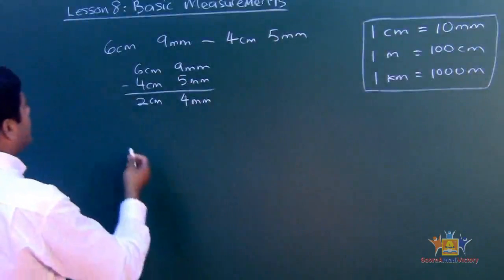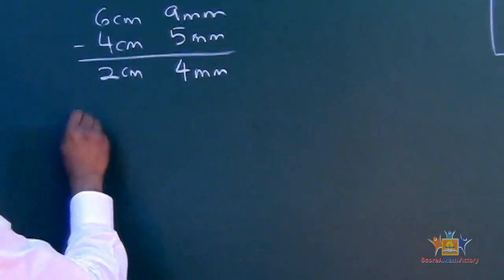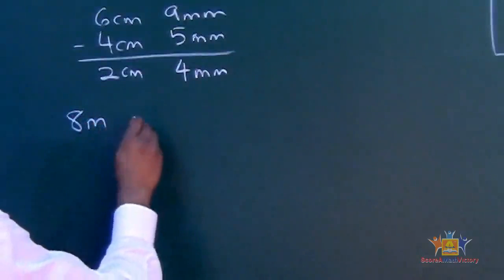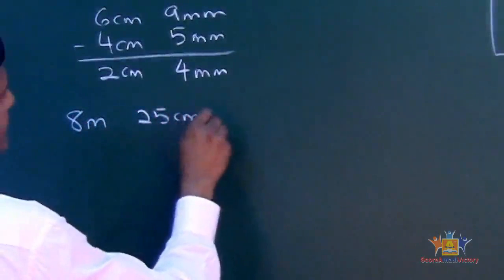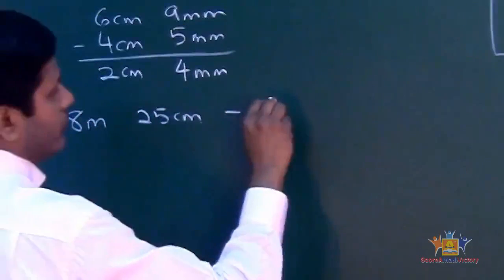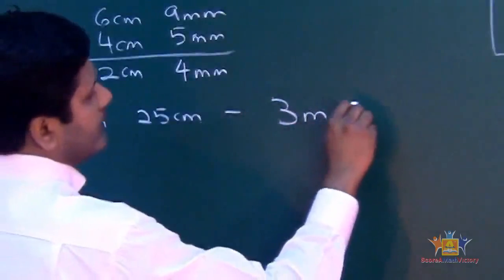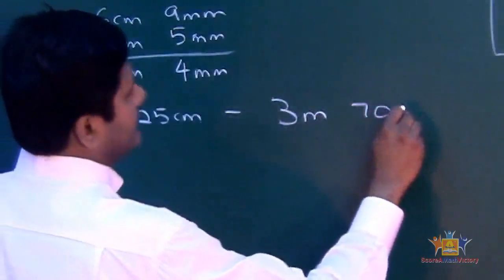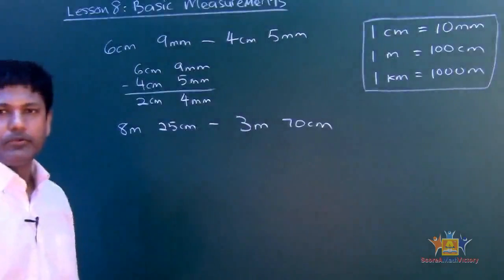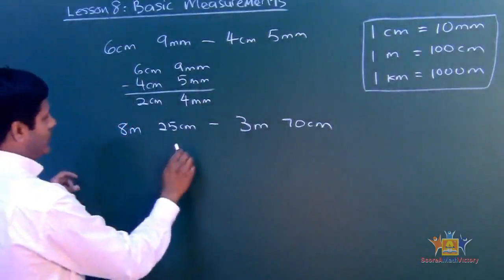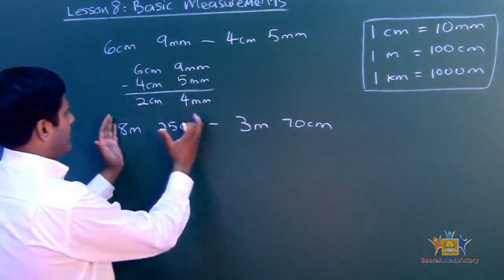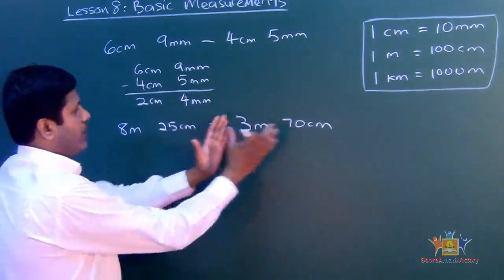Okay, now let's say for example, if I give you 8 meters and 25 centimeters, and I'm subtracting 3 meters and 70 centimeters. Again, we line them up. The key thing is lining them up. Always remember that you gotta put this one first, because you're subtracting with that.